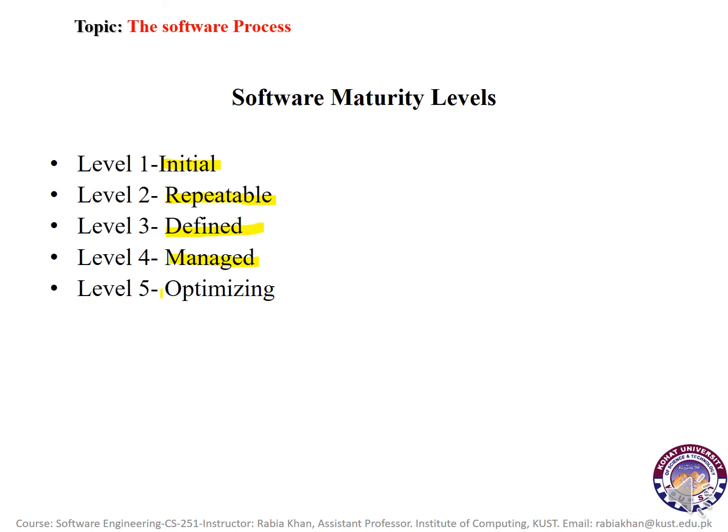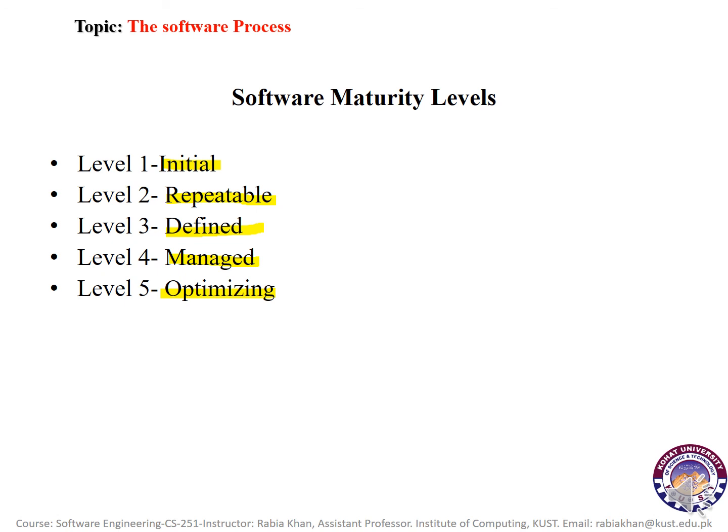Level 5 is optimized. Here, the continuous process improvement is ensured through feedback from your customers. And also, the innovative technologies are to be in place in order to enhance the software process.